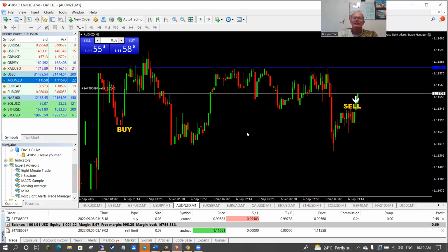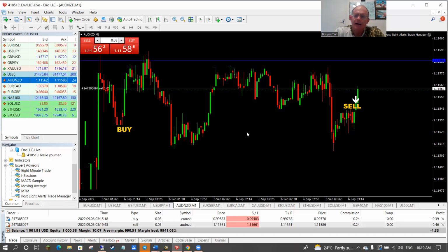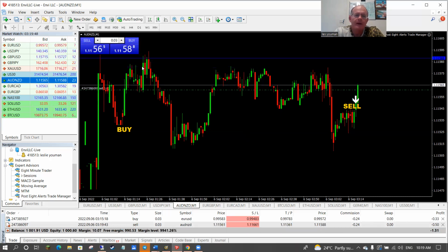So I've got a few rules that I'm going to use, and we've only just started, so these could vary. But one, obviously, if we get a sell order, I want it to be most likely a downtrend on the 1 minute.